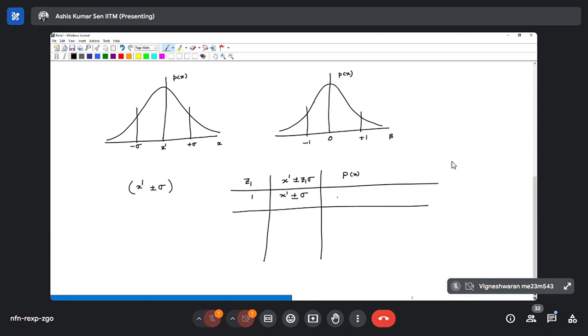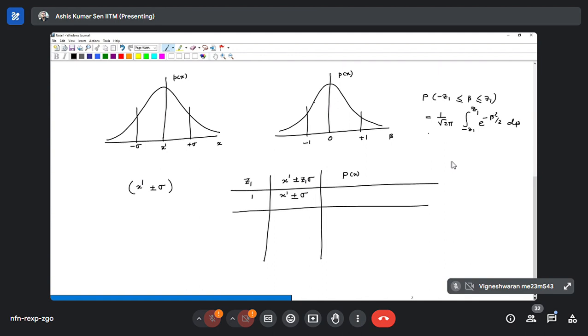Your probability, if you evaluate this integral, so P of minus z1 less than or equal to beta less than or equal to z1 equals 1 over square root of 2 pi, integral from minus z1 to z1 of e to the power minus beta square by 2 d beta.